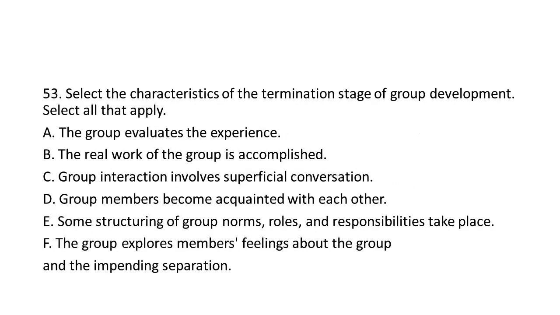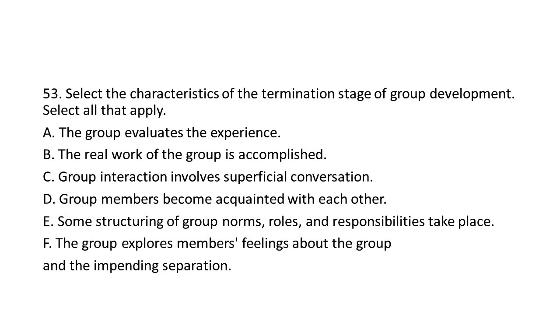53. Select the characteristics of the termination stage of group development. Select all that apply. A. The group evaluates the experience. B. The real work of the group is accomplished. C. Group interaction involves superficial conversation. D. Group members become acquainted with each other.